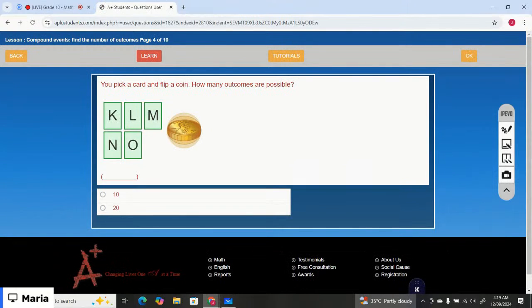You pick a card and flip a coin. How many outcomes are possible? So, which is the correct option?